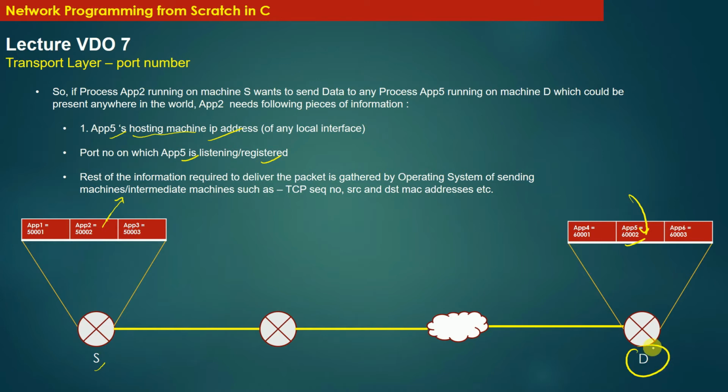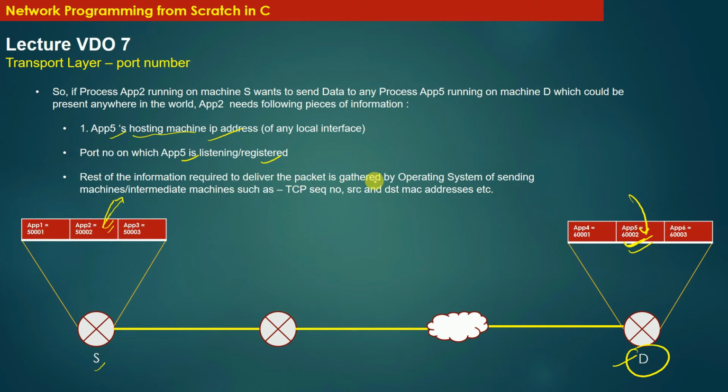So these two pieces of information, the IP address of the destination machine and the port number of the application which is interested in receiving the packet, the source application app 2 needs to know.